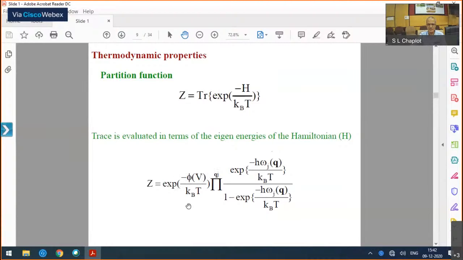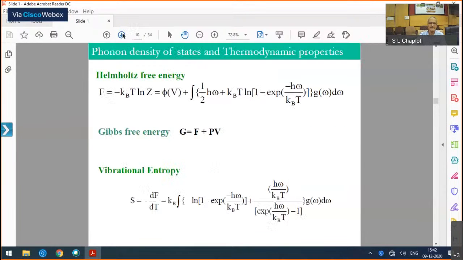That's the potential energy term, and that's all the vibrational term. Once you have that, it's possible to write, by differentiating the partition function, the Helmholtz free energy. This quantity is of interest for any further calculation of thermodynamic properties.